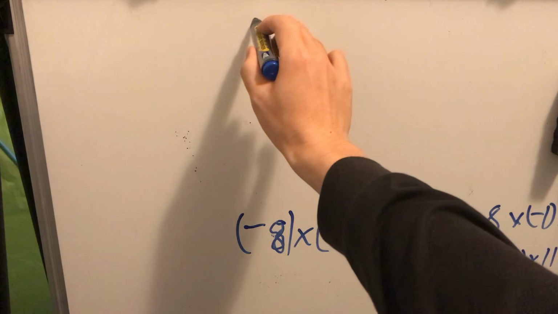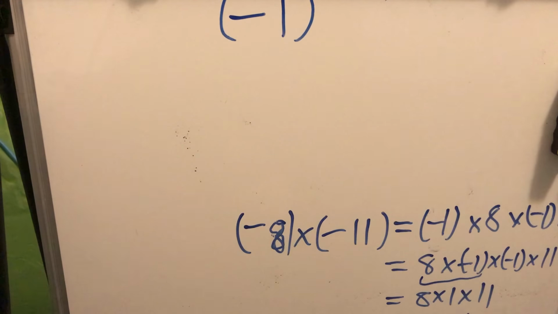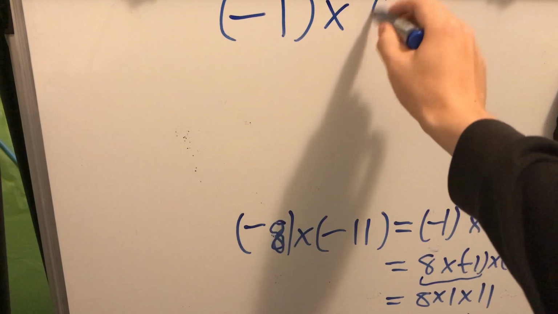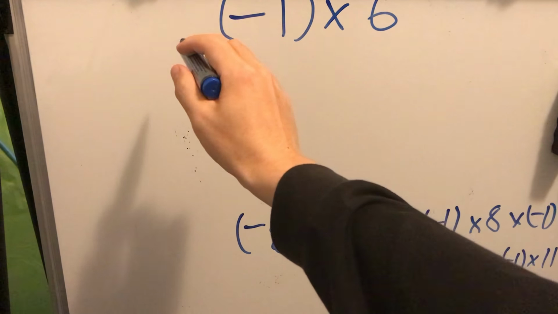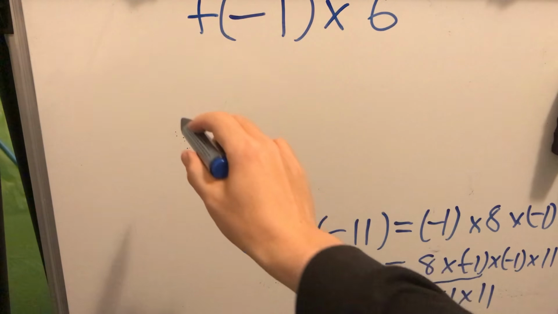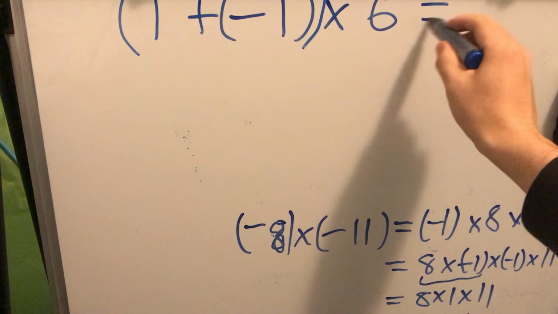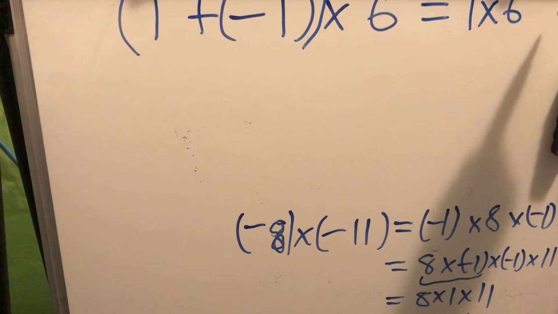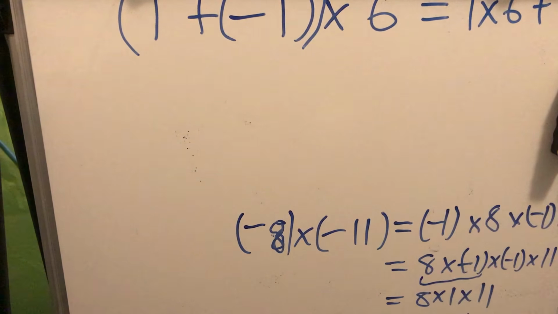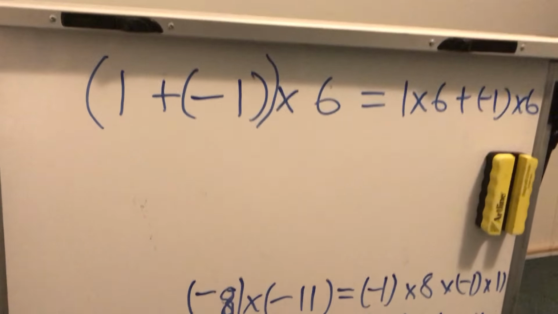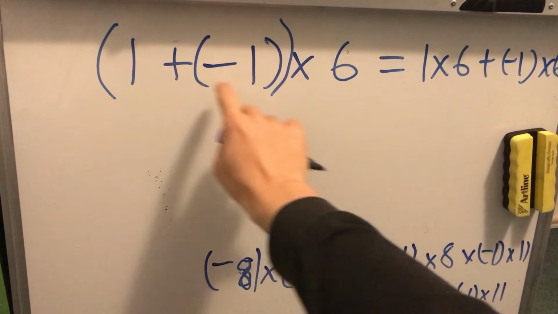So for example, -1 times 6 is equal to 1 times 6 plus -1 times 6. So that's one special example of the distributive law. But it's meant to work for any three numbers.